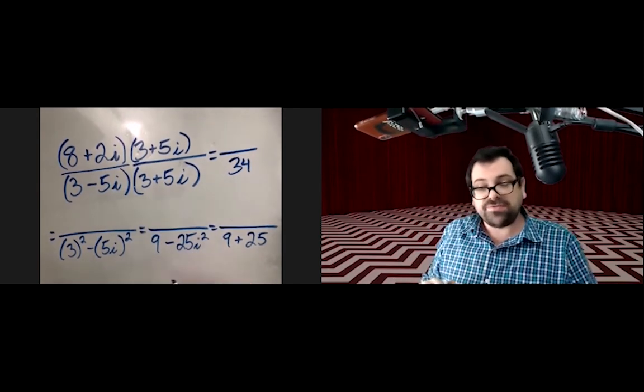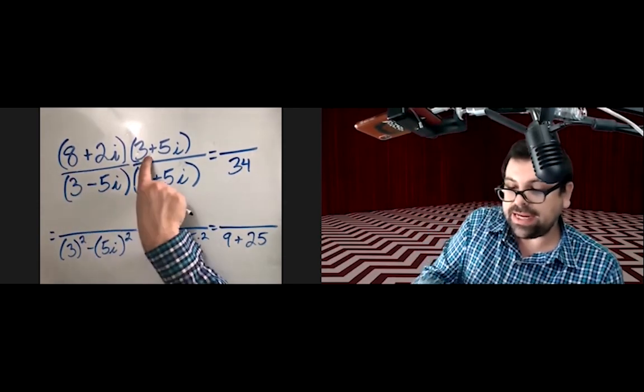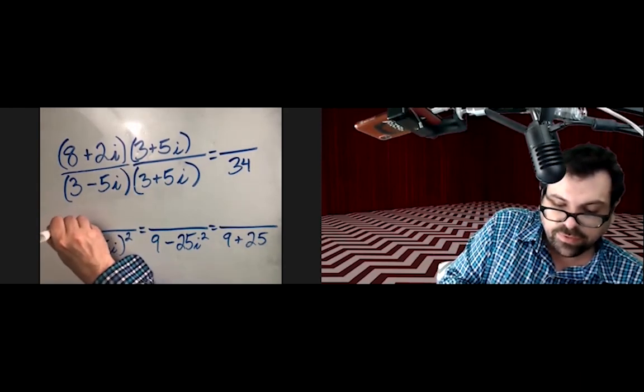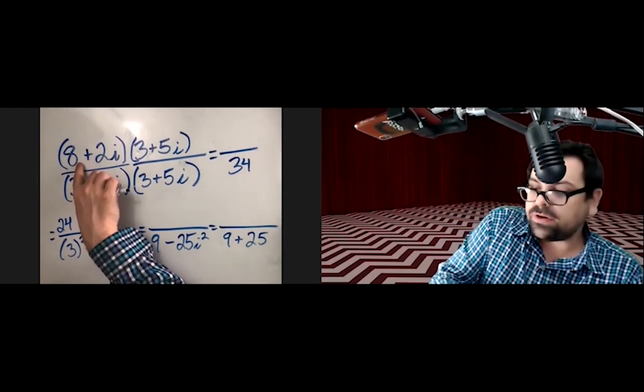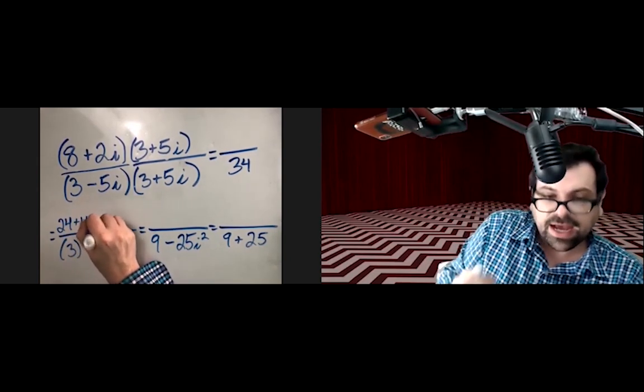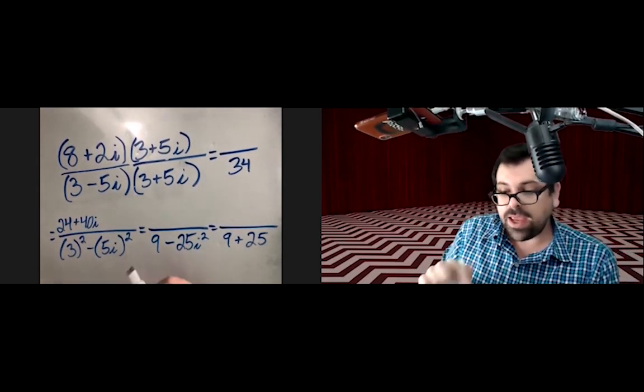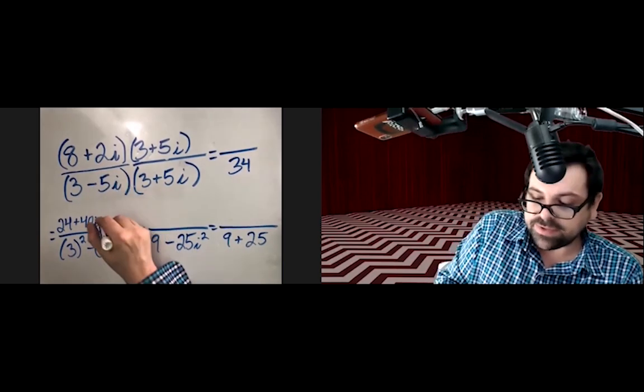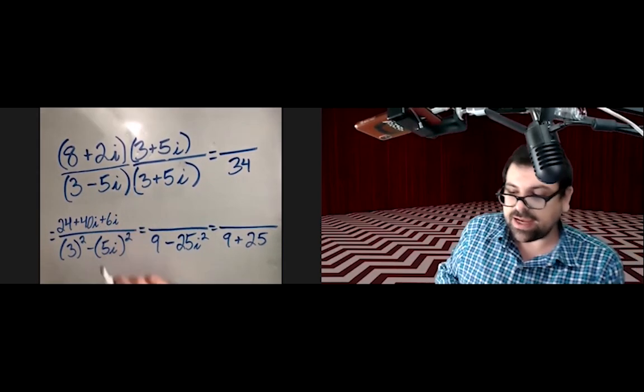The top is foiling. First, 8 times 3 is 24. Outer, 8 times positive 5i is positive 40i. Inner, 2i times 3, that's plus 6i.